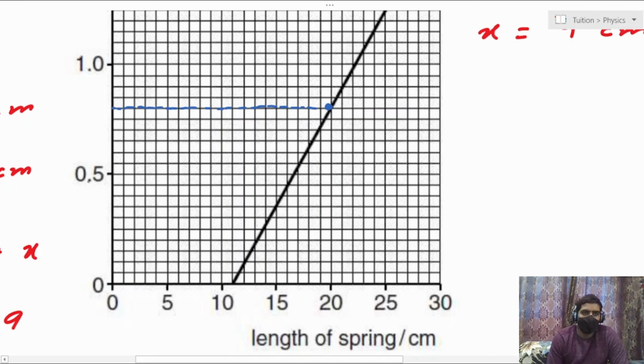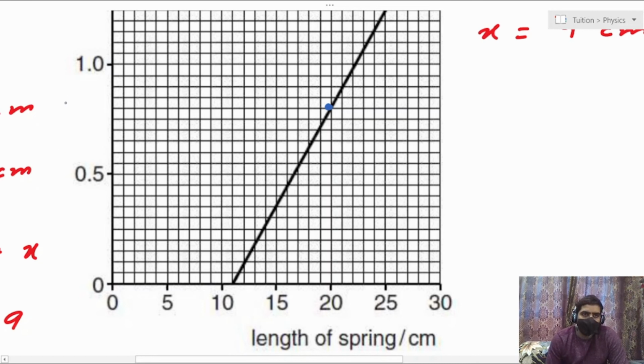So from 0.5 till 1.0, the total length is divided into 1, 2, 3, 4, 5, 6, 7, 8, yeah, into 10 segments. So you see there's another way.